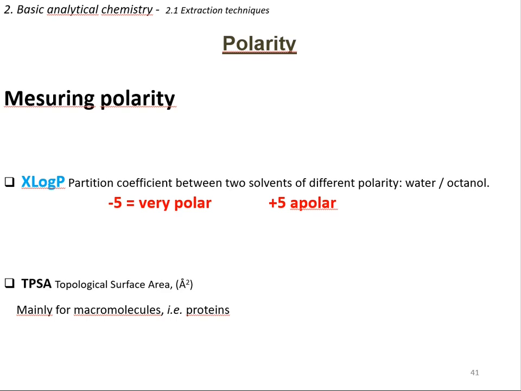You also have for macromolecules the TPSA, topological polar surface area, in angstrom square. So this is a unit of surface, very small surface, but this will indicate what is the surface exposed and able to make some bonds with other polar molecules.